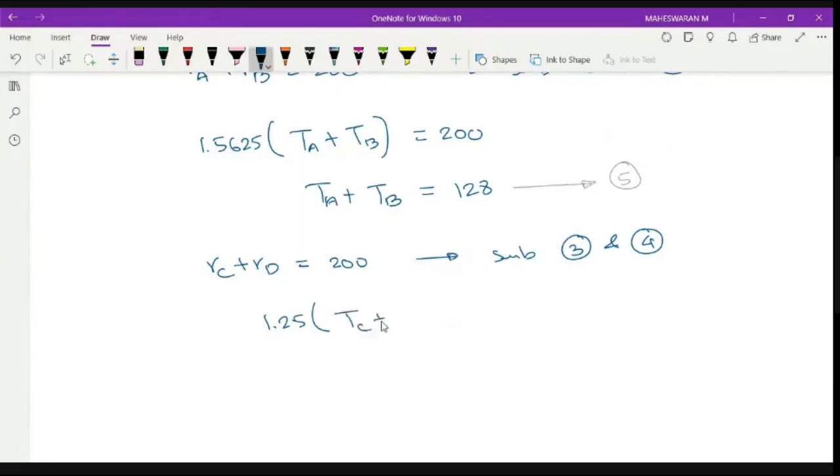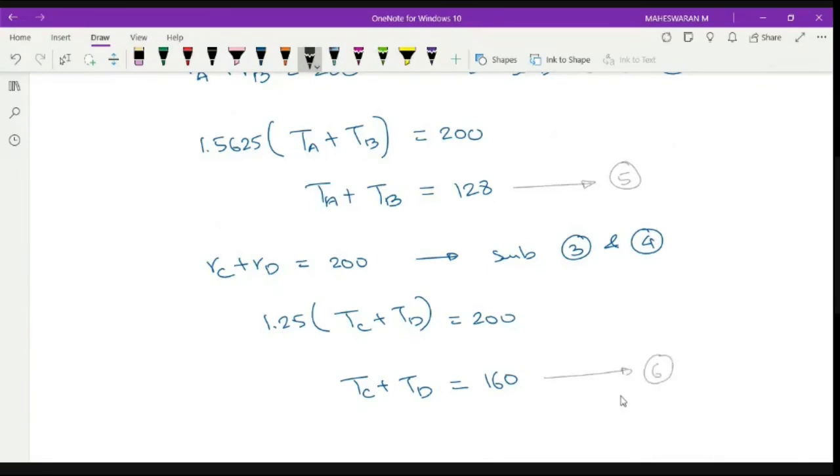I get TC plus TD is equal to 200 divided by 1.25, which is 160. So you're getting 160. This is equation number 6.